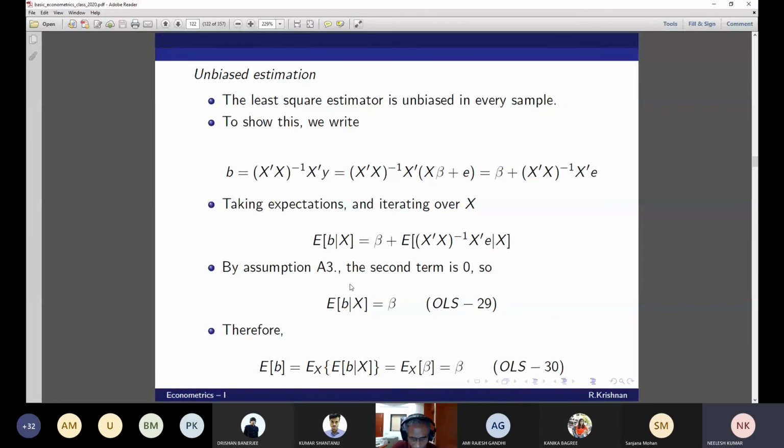OLS 29 is only a conditional expectation, conditional on the given X. OLS 30 tells you no matter what X is, it will still be unbiased. So here is where we have used the LIE, so that the expected value of b, not conditional on any X, will still be equal to the population parameter beta.